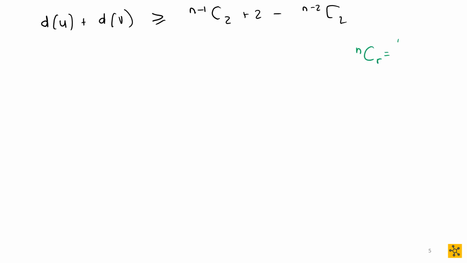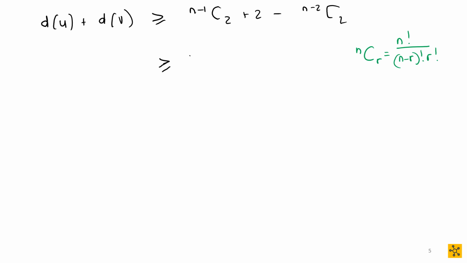Before we continue, I just want to put du plus dv on this side. So du plus dv is greater than or equal to n minus 1 C2 plus 2 minus n minus 2 C2. Remember our combination formula, which is nCr equals n factorial over n minus r factorial times r factorial. We're going to rewrite these combinations.